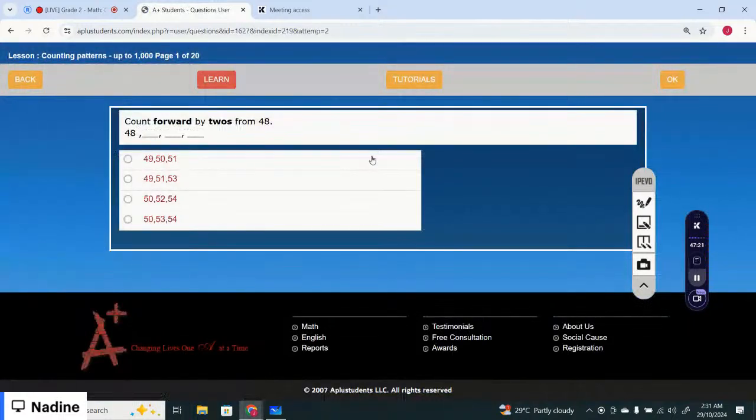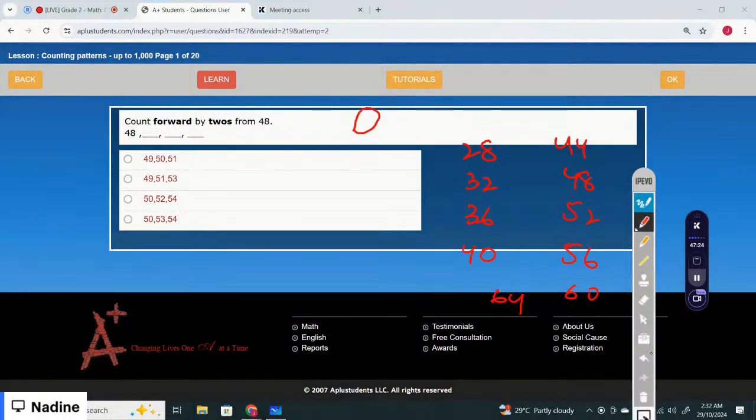Okay, count forward by twos from 48. So start with 48 and count forward by twos. 48 plus 2 is 50, 50 plus 2 is 52, and 52 plus 2 is 54. So when you count forward by twos, the numbers are 50, 52, and 54.